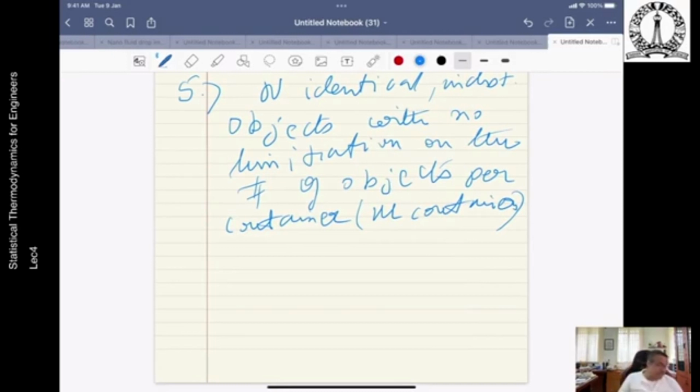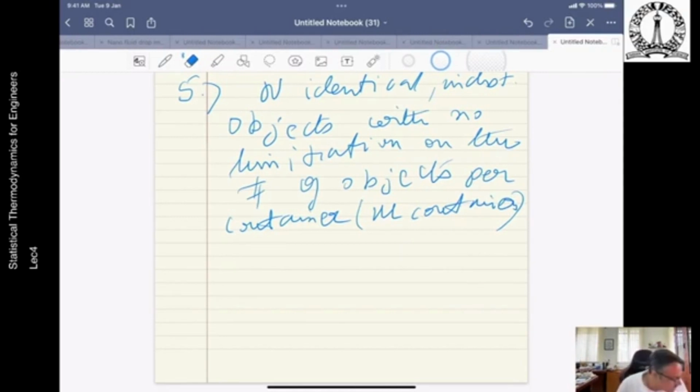Now let's look at it a little more carefully. These are indistinguishable objects. There is no limitation on the number. So it is almost like saying that we initially assume the objects are labeled 1, 2, 3, 4, 5, 6, all the way up to n. Now let us arrange these objects in a row with m containers which are separated by partitions. So you are putting partitions. That is an example that you can think of.